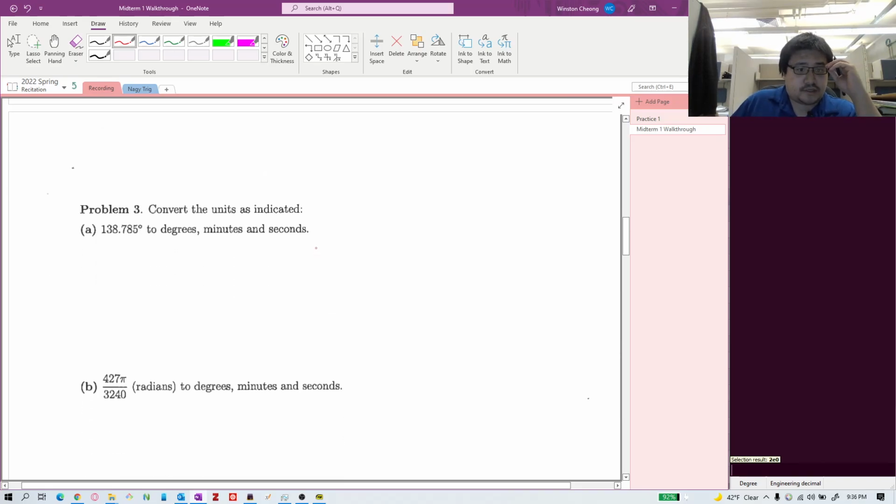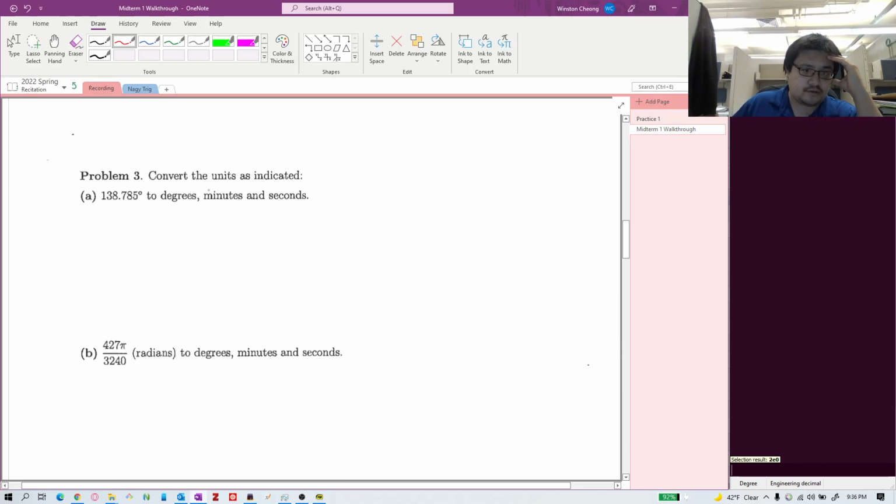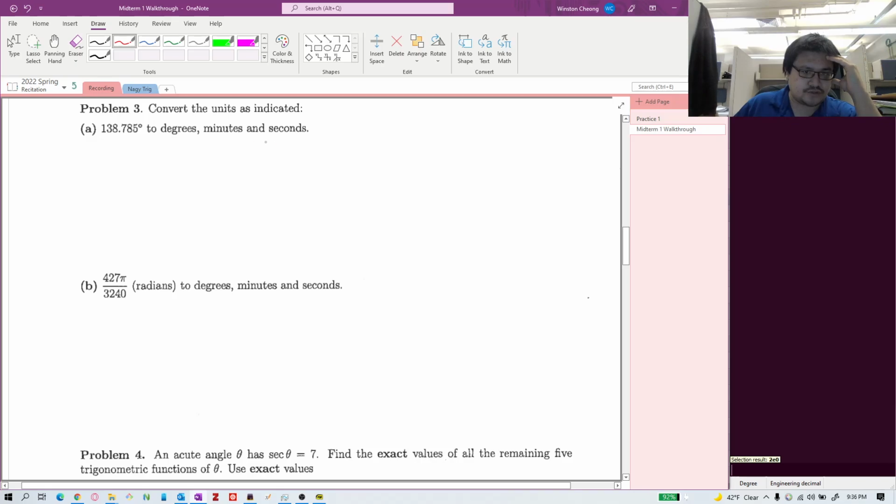Okay. Number 3, we are doing conversions to this DMS format. Okay. So 138.785 degrees. The process we do is we take the decimal part and convert that over.